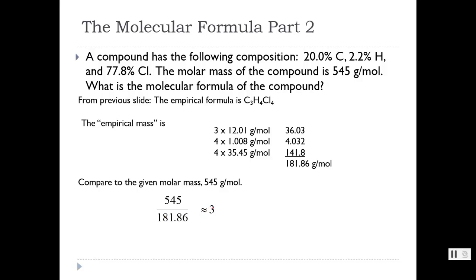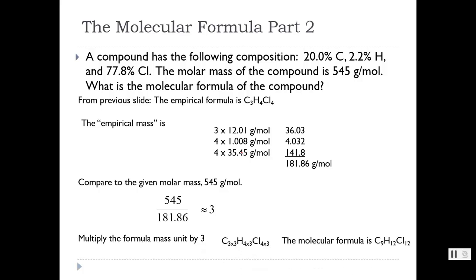So that means we have to use this 3 and multiply it by the subscripts in our empirical formula. So doing that gives us a molecular formula in our final answer of C9H12Cl12.